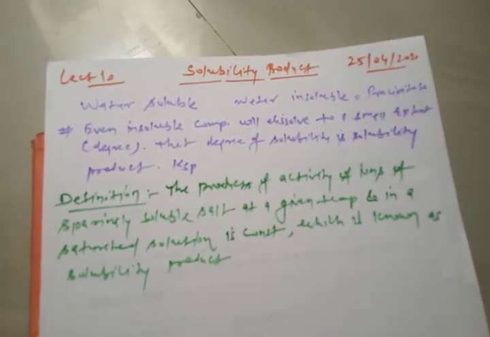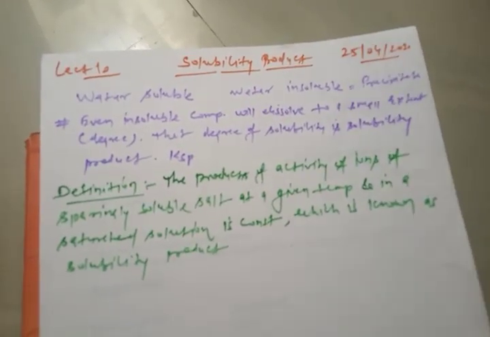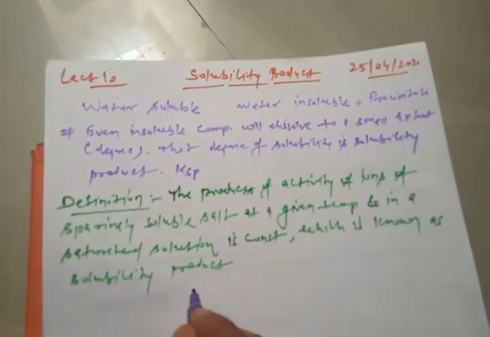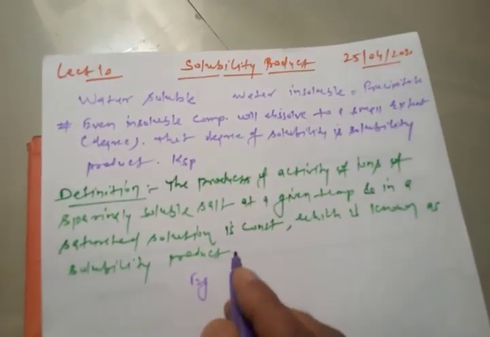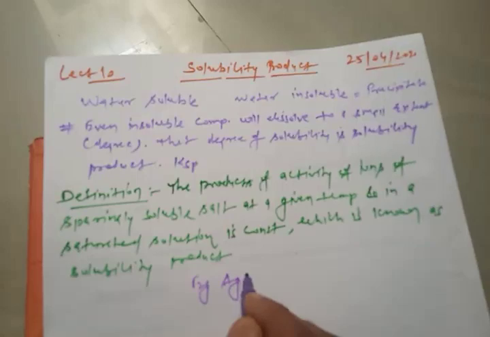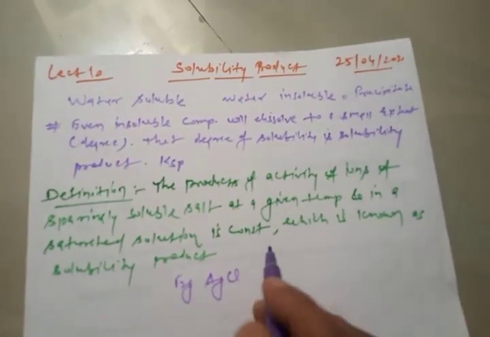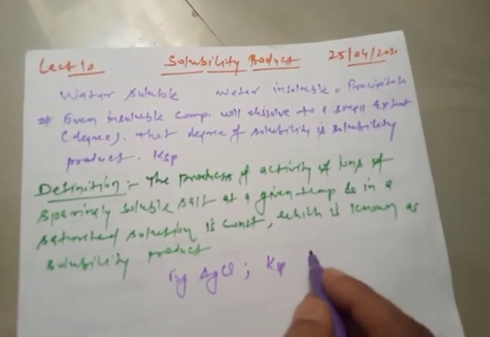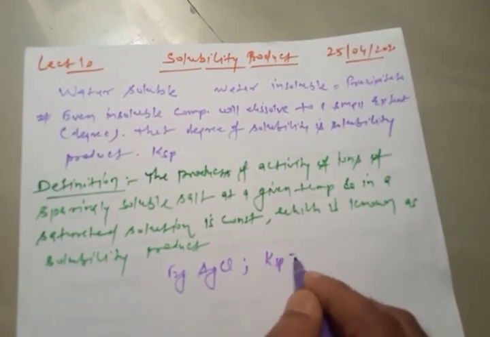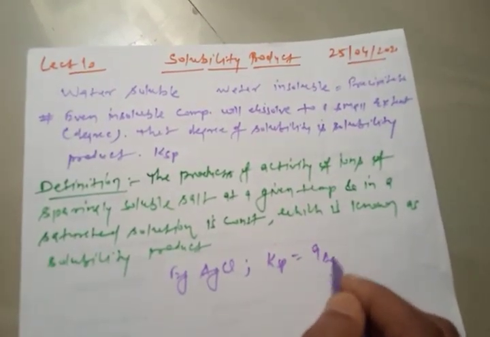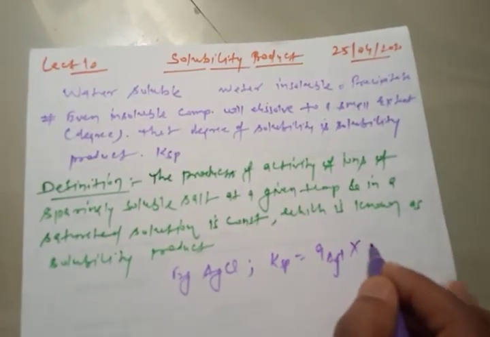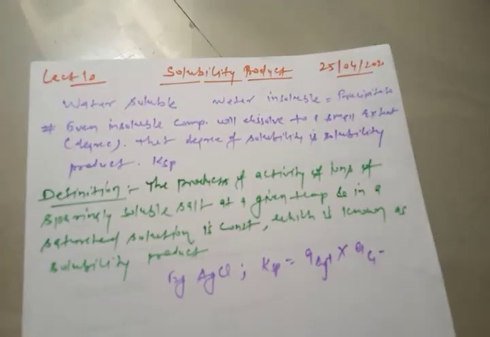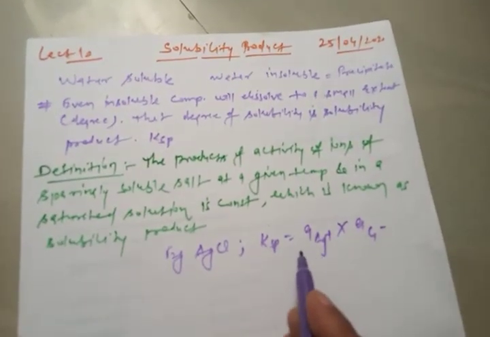So, definition done. Let's take an example of solubility product. The example is very simple: AgCl, one of the salts which is sparingly soluble. In that case, Ksp, the solubility product constant, is the activity of Ag+ into the activity of chloride ion.